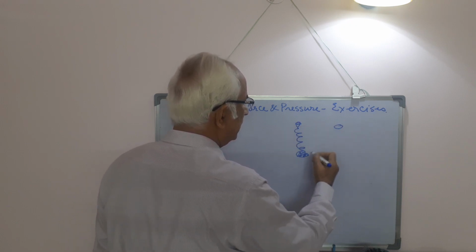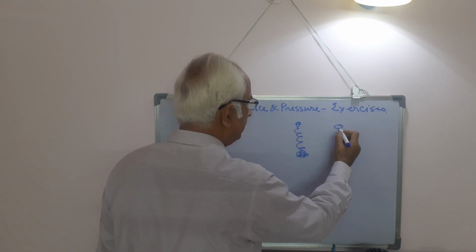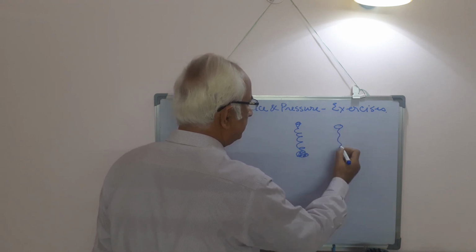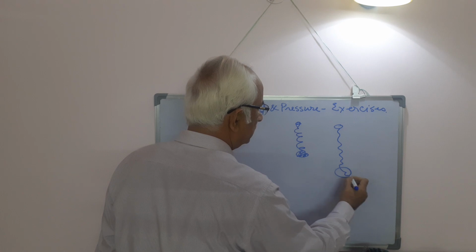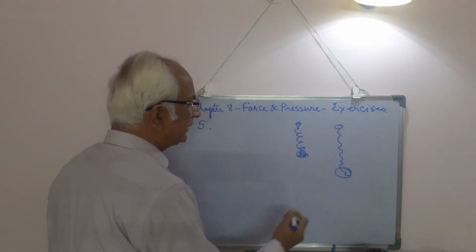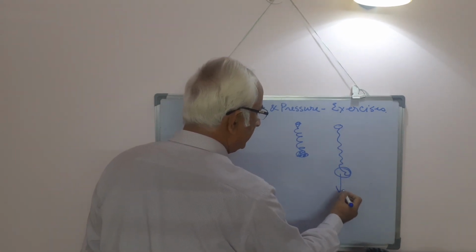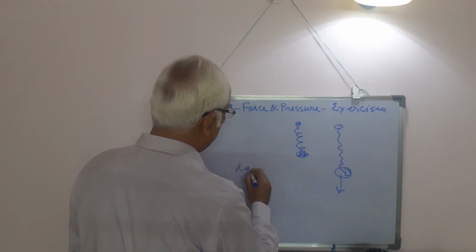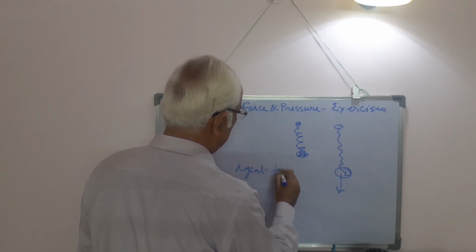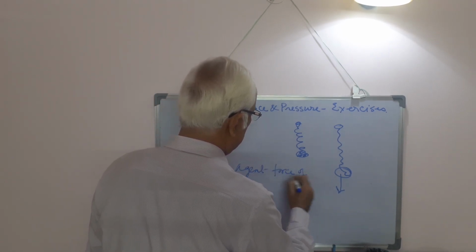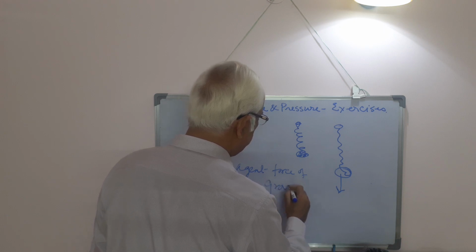When you release the spring, the load, the spring will become slightly long. Why? The force of gravity is pulling it down. So agent is force of gravity. Force of gravity is pulling the load down. Object is load.